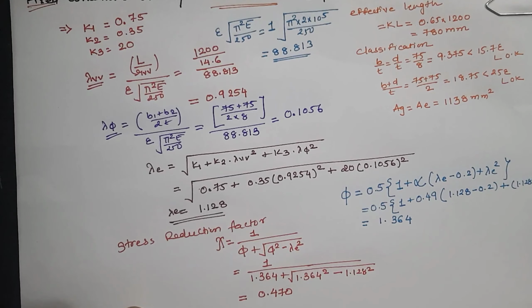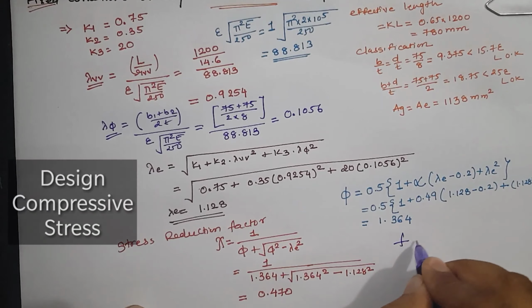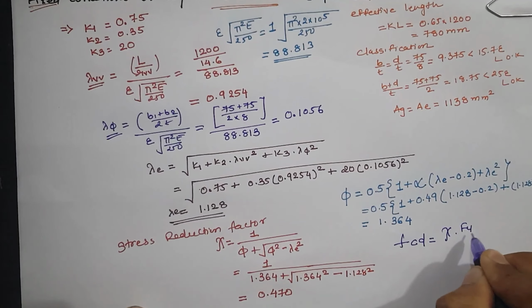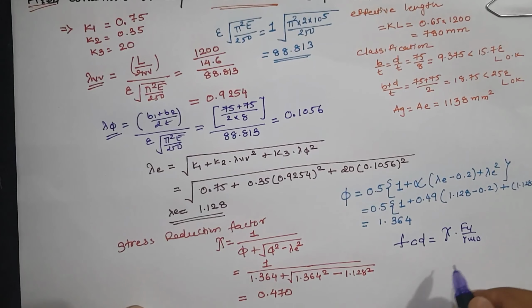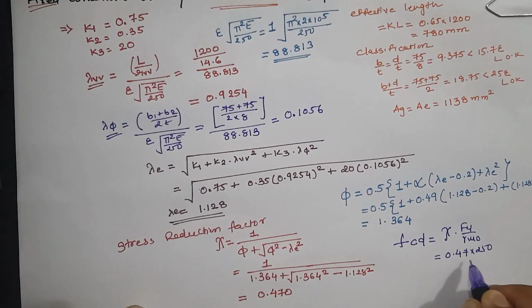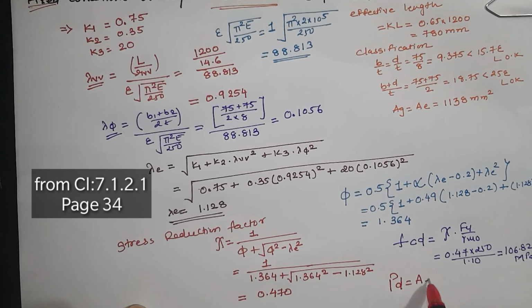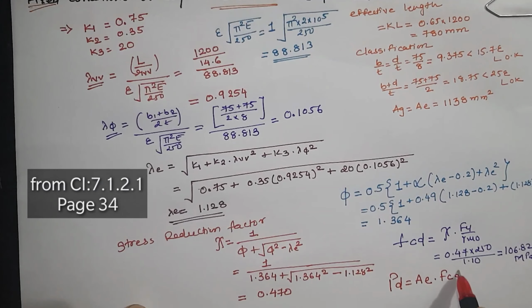After getting the stress reduction factor, we have FCD equal to chi into Fy by gamma m0, which is 0.47 into 250 by 1.10, equal to 106.82 megapascal. The design compressive load PD is nothing but effective area into FCD.